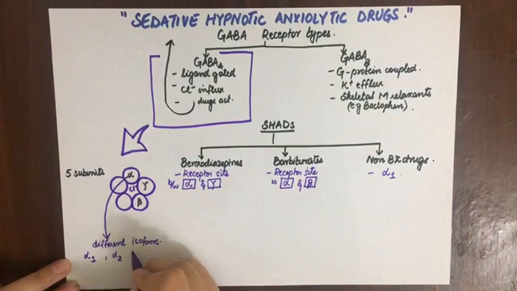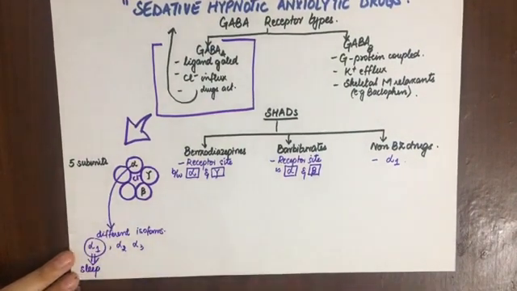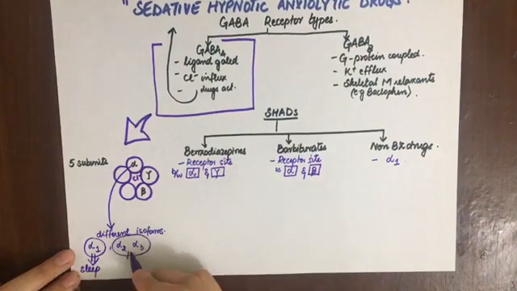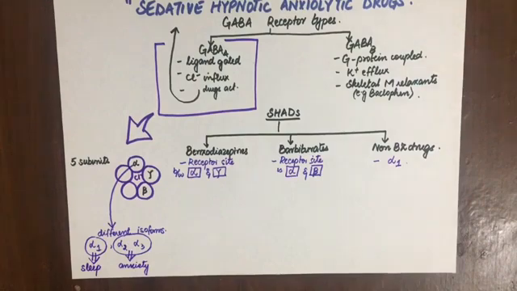Now the different isoforms of the alpha have significance when we talk about the selective action of non-benzodiazepine drugs on just sleep, because alpha 1 is related to sleep and alpha 2 and alpha 3 are related to anxiety.